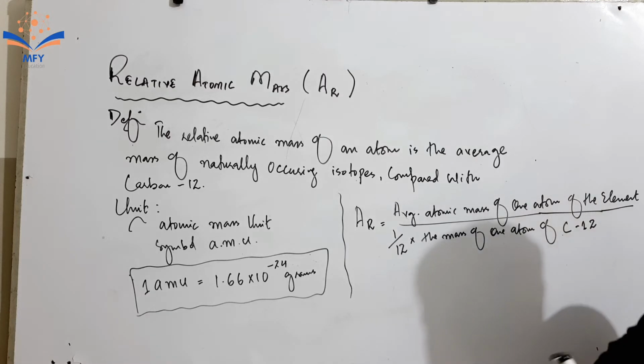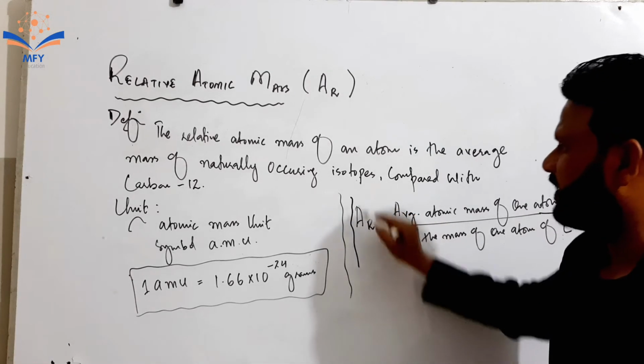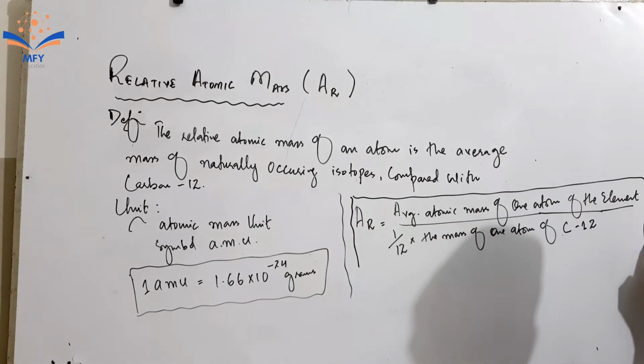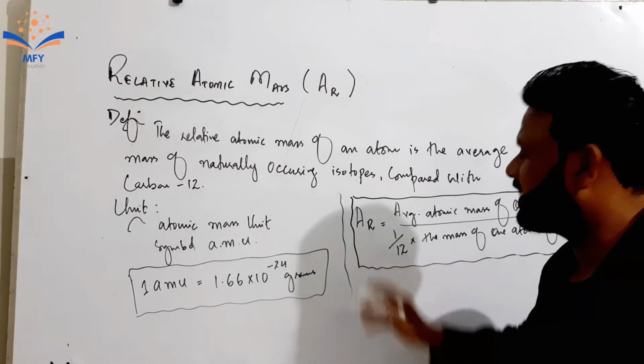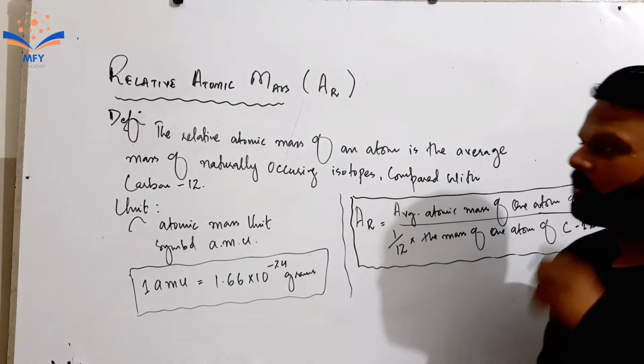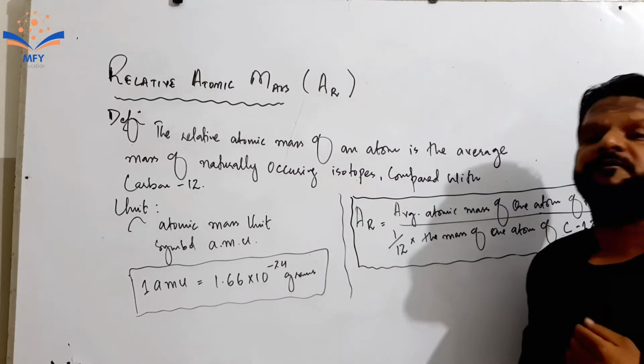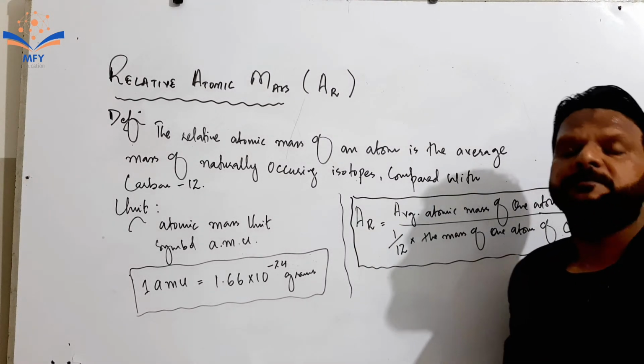It means that by using this formula we can easily calculate a relative atomic mass of one atom in an element.